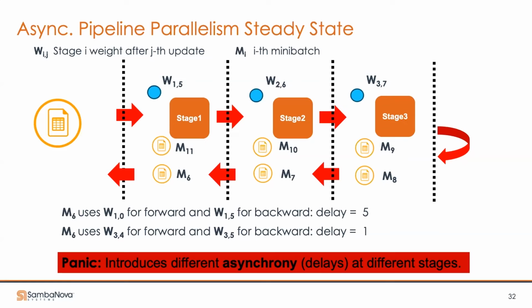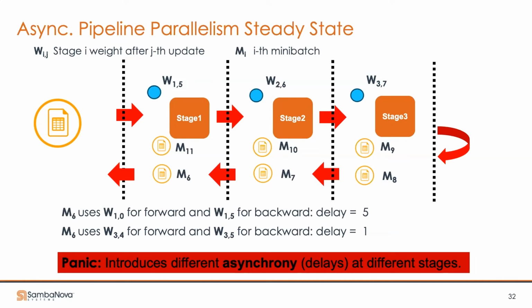What that means is that some compute units would be operating on the older copy of the weights, while some compute units would be operating on the newer copy of the weights. So as the data flows through this pipeline, the data is actually experiencing different versions of the graph at different times.